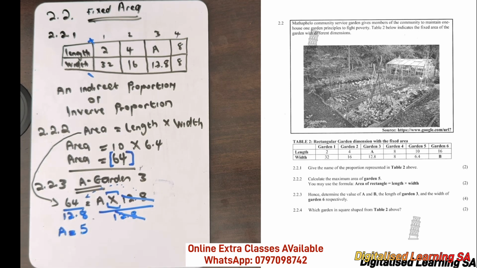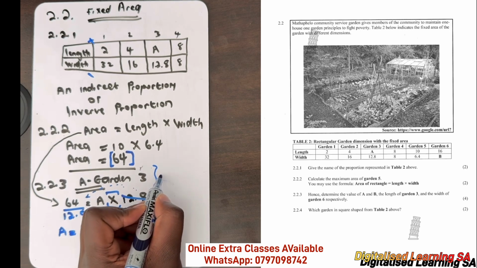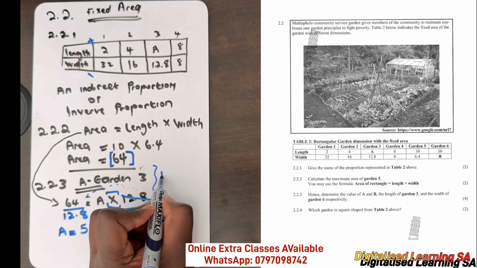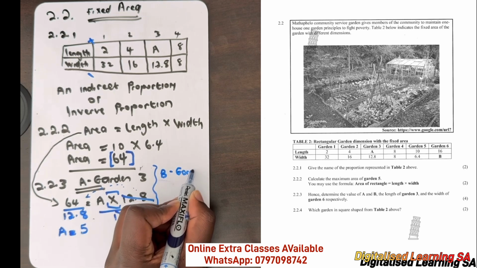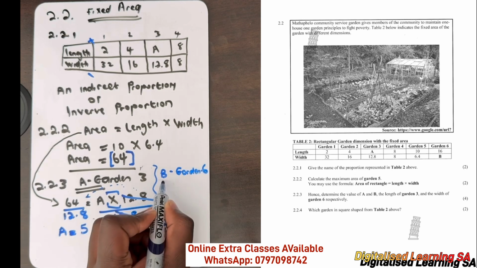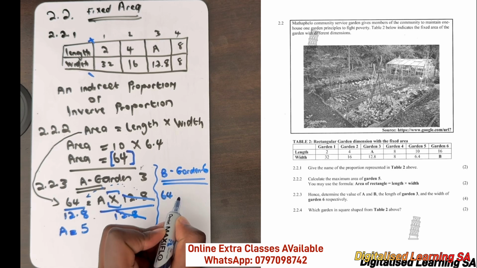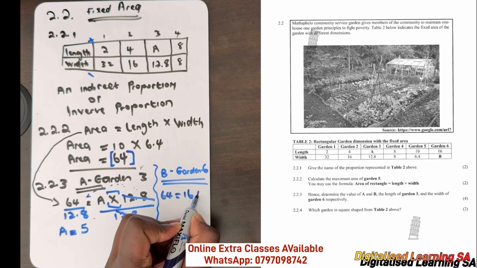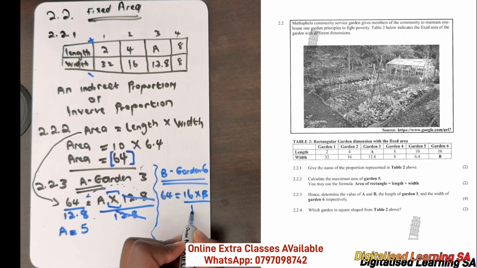We do the same for B, for garden 6. Our area is 64, the length given is 16, and the width is B. So we just divide by 16.